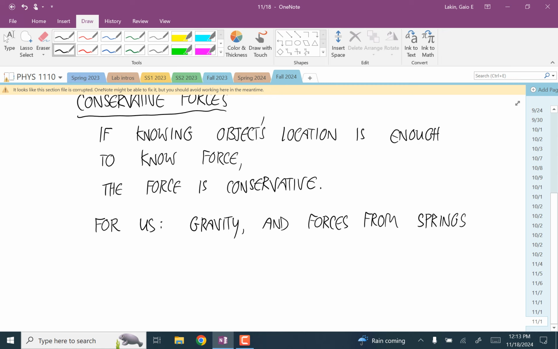What about friction? Is it being in this location enough to know what the friction force is? No, if it's sliding this way, that's a lot of friction. If it's sliding this way, when it gets to this location, the friction force is that way, right?